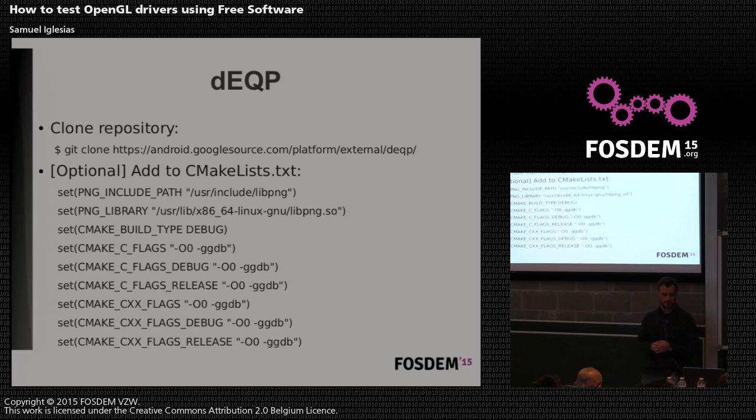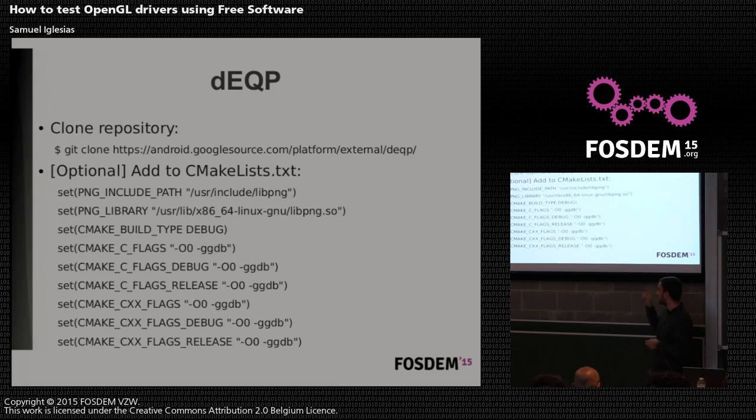The way to build it is you need to clone it from the Android repositories. Optionally, you need to add the following lines to the CMakeLists.txt, because the first two are for when it is looking for libpng in specific directories, and if you have it already installed with the development packages on your GNU Linux distribution, you just need to tell it where it is.